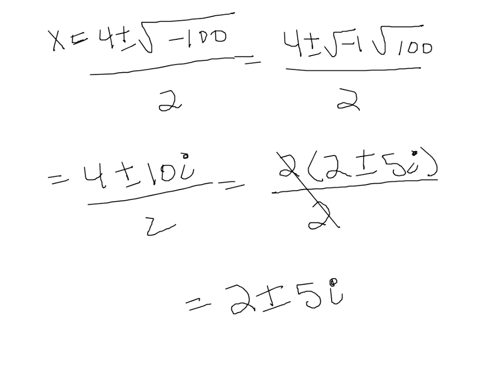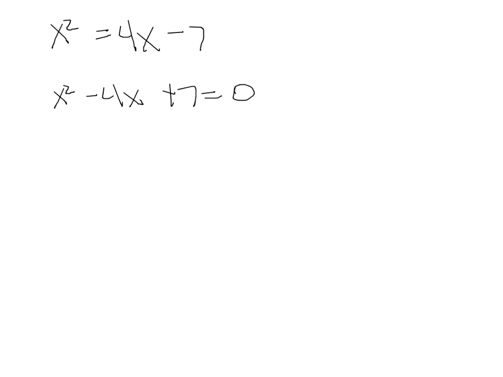They're complex. If I look at the graph, I will not have any x-intercepts. Okay, let's look at another one. x squared equals 4x minus 7. I need to get everything on one side of the equation. So I'm going to subtract 4x from both sides and add 7 to both sides.